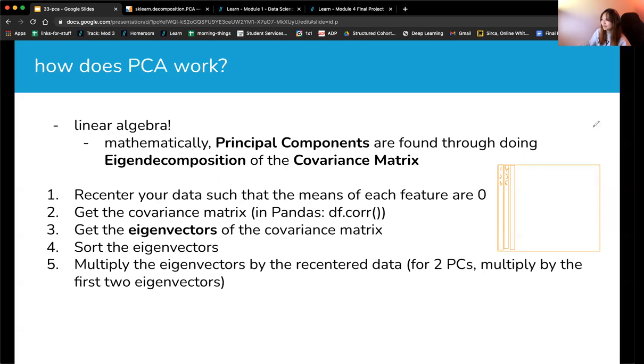Gotcha. One quick question. What happens when you add features, and the columns keep adding?